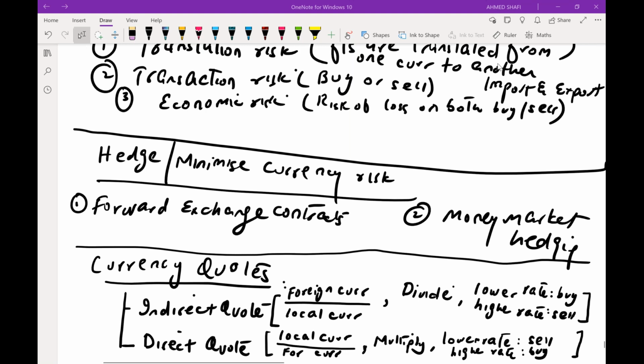From here we get to know it's an indirect quote. When there is an indirect quote, we will divide to convert. Two rates are given: spot rate, today's rate, and 3-month forward rate. Since it's an indirect quote, the lower rates will be the buying rates and the higher rates will be the selling rates.